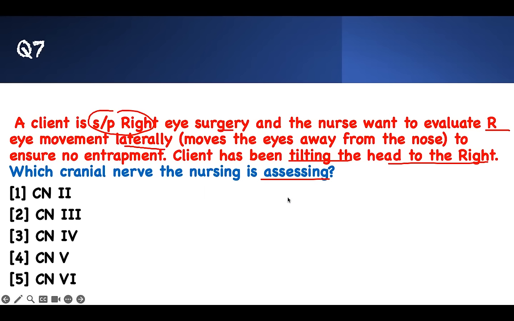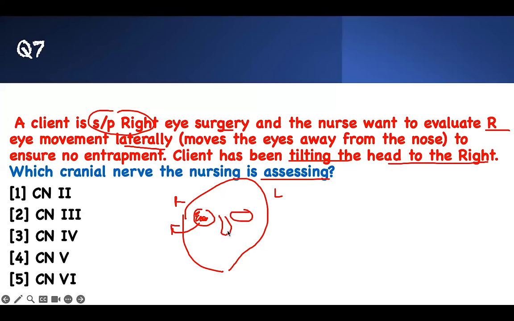So let me break it down for you. I have eye surgery. Okay, this is my face. This one's a little bit hard. I have eye surgery on the right side. This is my right. This is my left. So you have eye surgery here. This is your nose. And you want to test for the eye movement on the right side. You want to test if these eyes can move, look out without moving your head. The eyes move away from your nose.